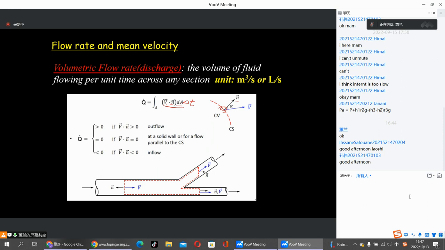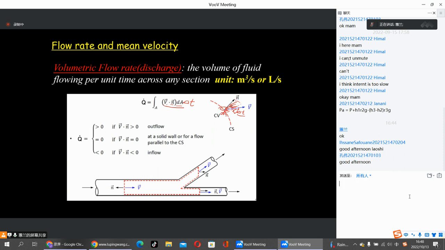Because we calculate the volume: it is the distance the fluid travels during the delta t period, V delta t, times the area. So the fluid volume flowing across this section for this time period can be calculated.